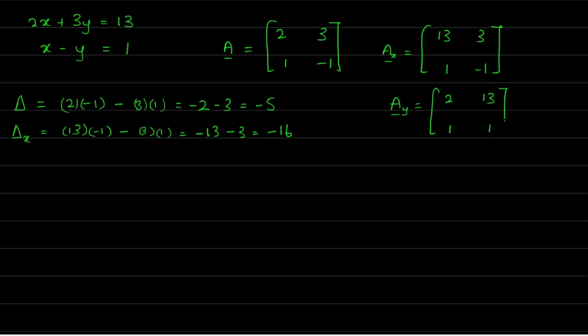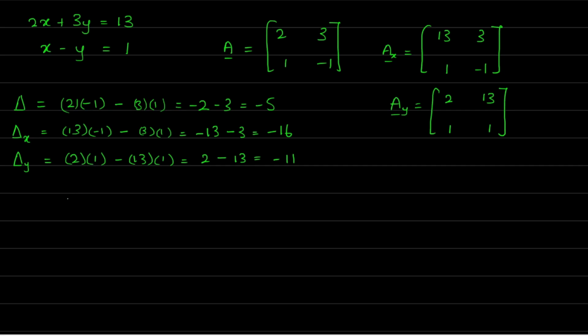So that is Ay, and we get the determinant of that too, which is denoted as delta y, which is equal to 2 into 1 minus 13 into 1. That's going to be equal to 2 minus 13 equals minus 11.